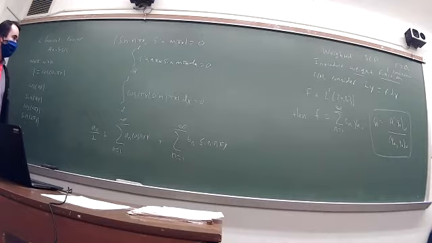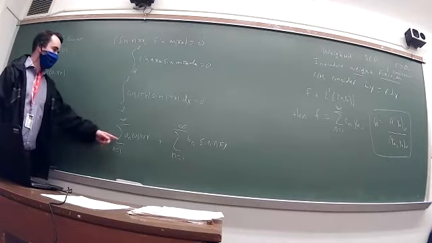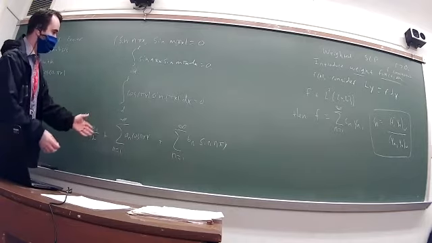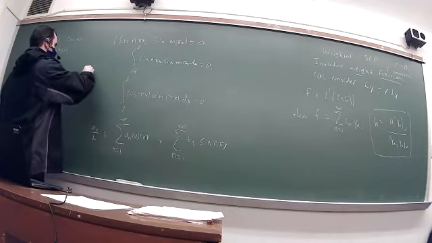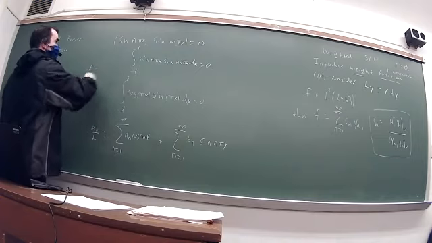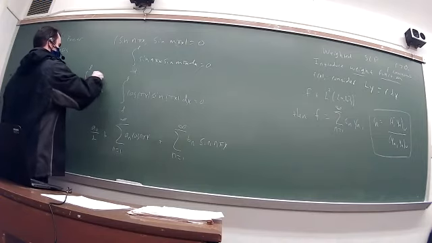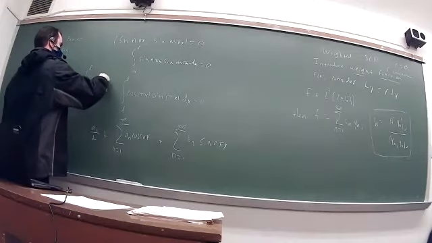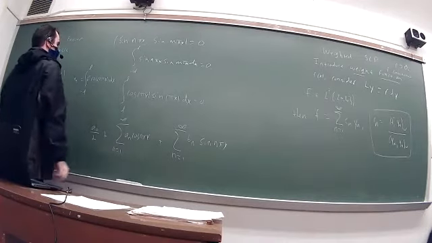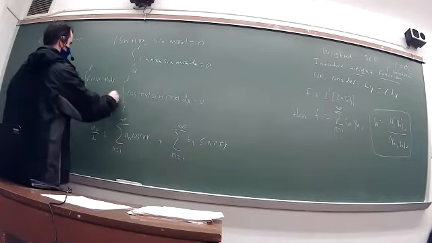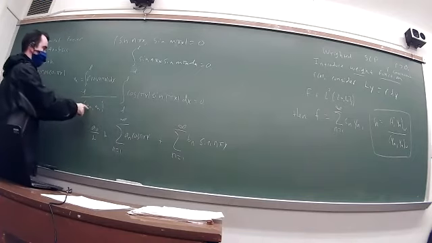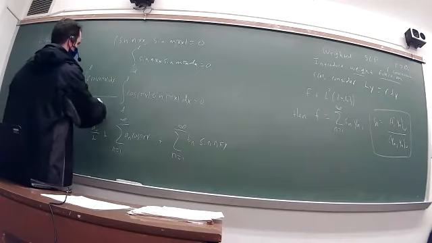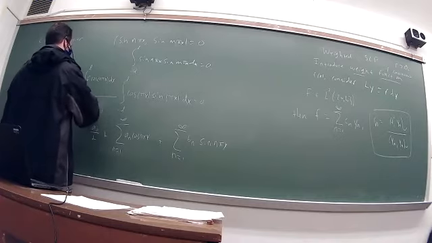And then you find formulas for all this stuff, right? So a_n is going to be the integral from minus L to L of f times cosine n pi x dx, all divided by the integral of cosine n pi x with itself.